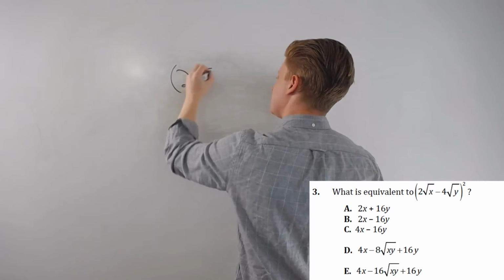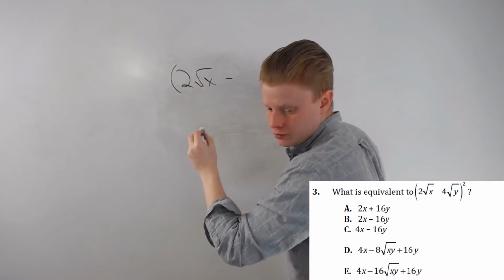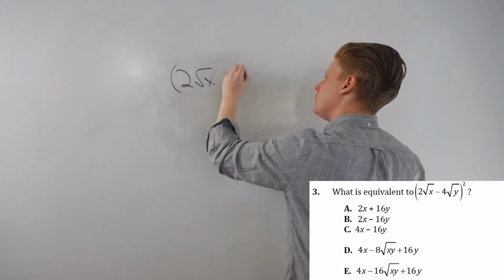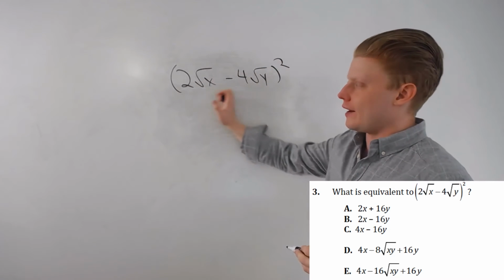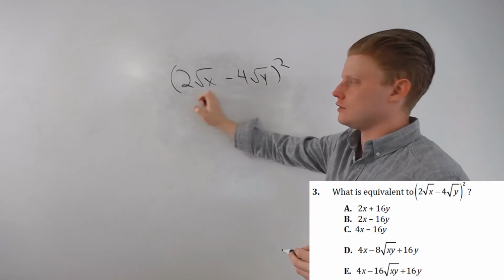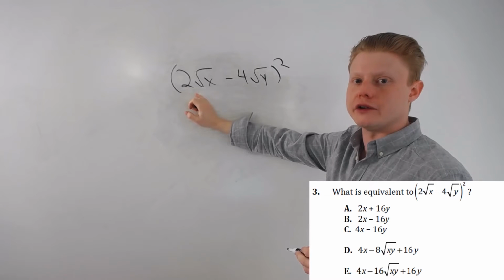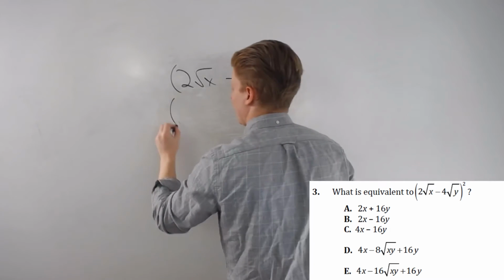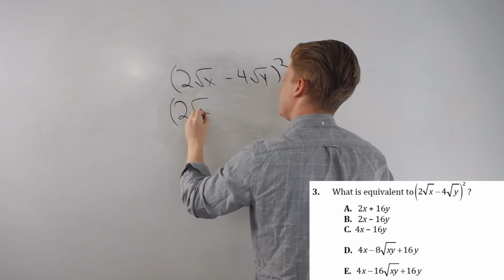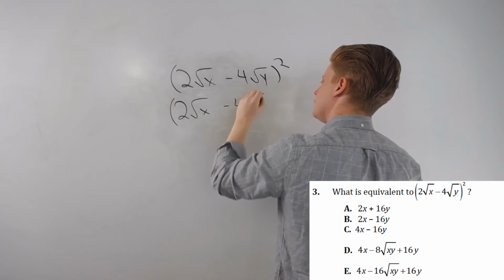Now let's look at our little ACT example. 2 square root of x minus 4 square root of y, squared. This is a binomial. I can't condense this any further. Check out Expounding to review this a little bit. But what I need to do is actually multiply, FOIL these things together.